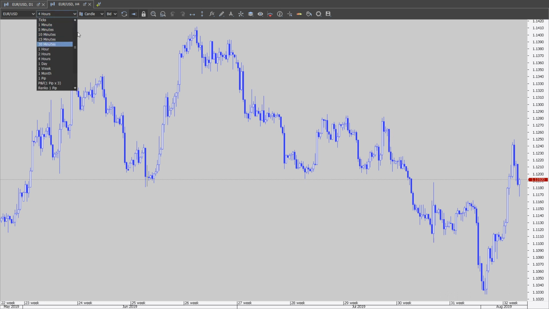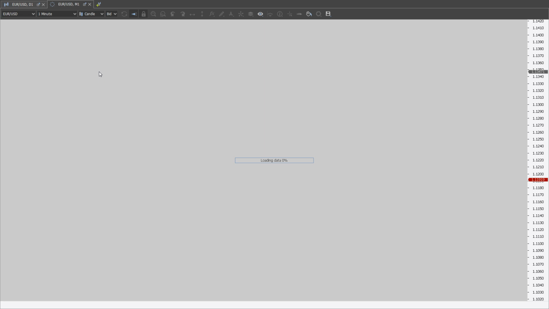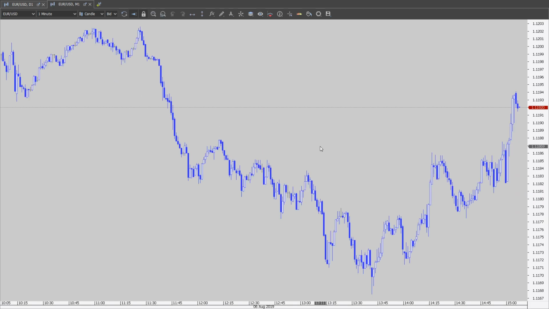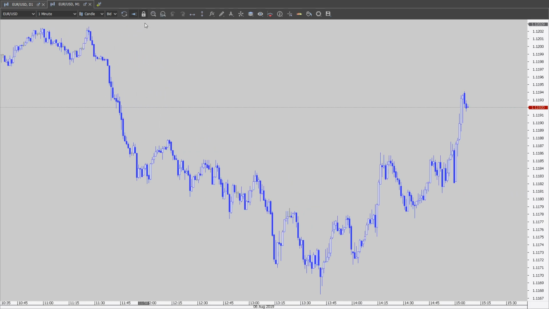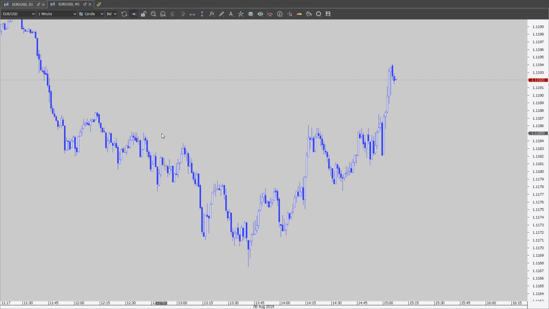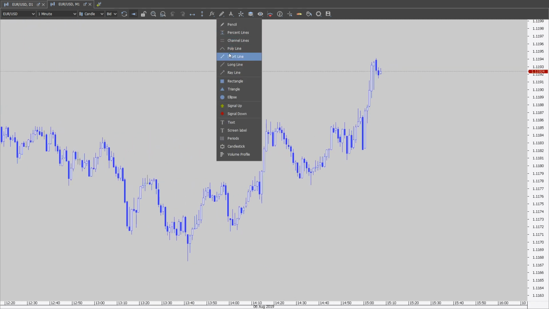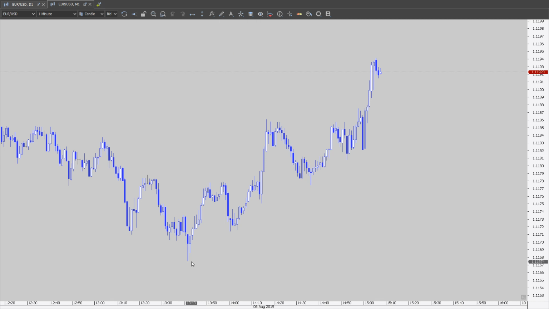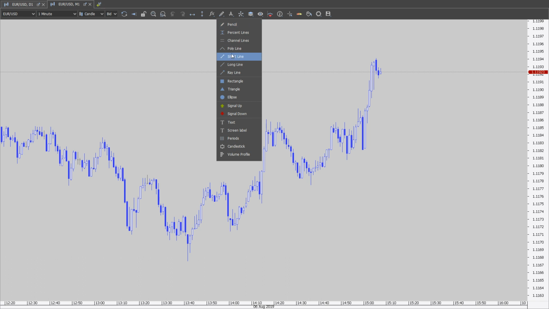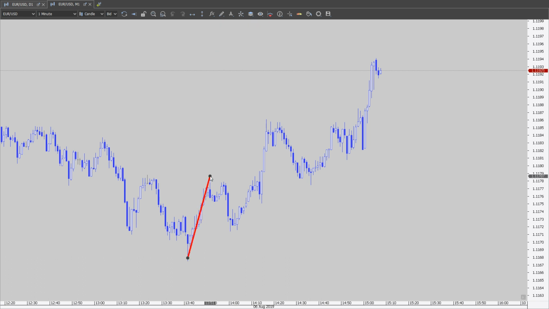Let me see the 1 minute chart, George. Okay, this is the 1 minute chart on EUR/USD, and I'm going to find the most recent low, which is this one, and as we can see, everybody, the market is making higher highs, higher lows, higher highs, higher lows, right?